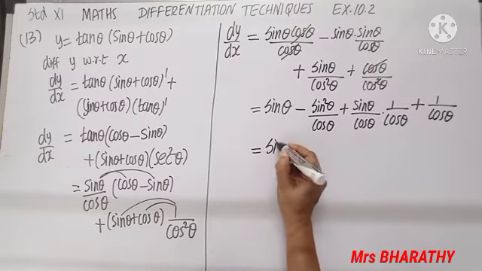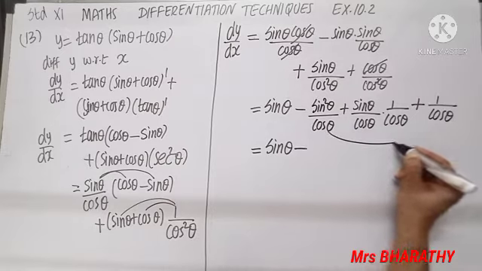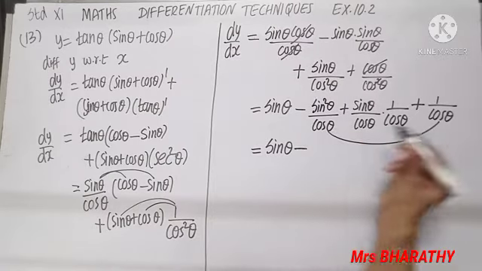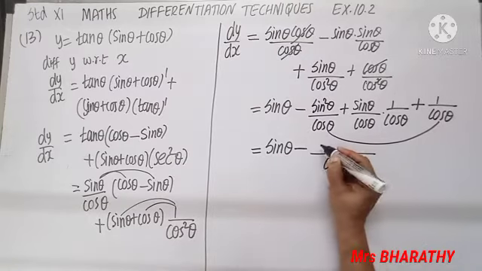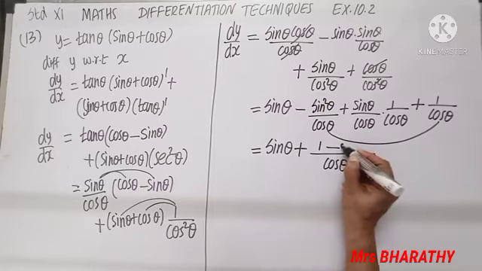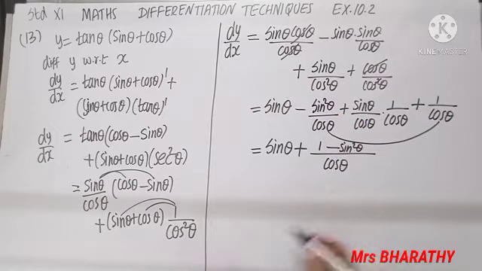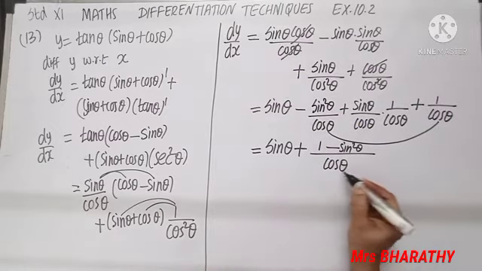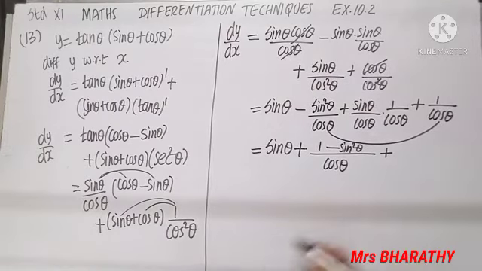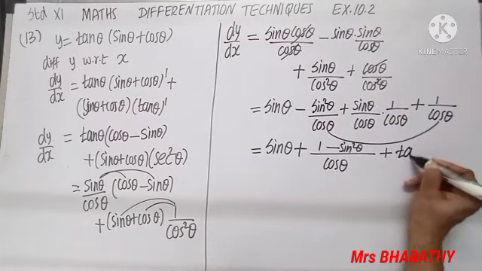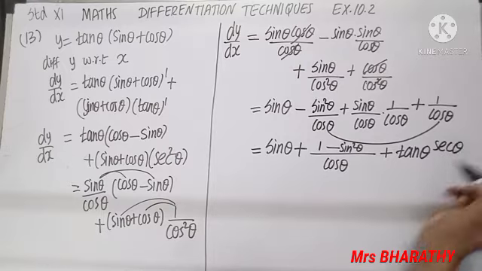As we simplify, it is sin theta minus. Combine these two terms, with cos theta which is common. The numerator is 1 minus sin square. As I combine these two terms, this is plus and this is minus. The denominator cos theta is the LCM. Numerator 1 minus sin square theta. Plus sin by cos, I can write tan theta. 1 by cos, I can write secant theta.